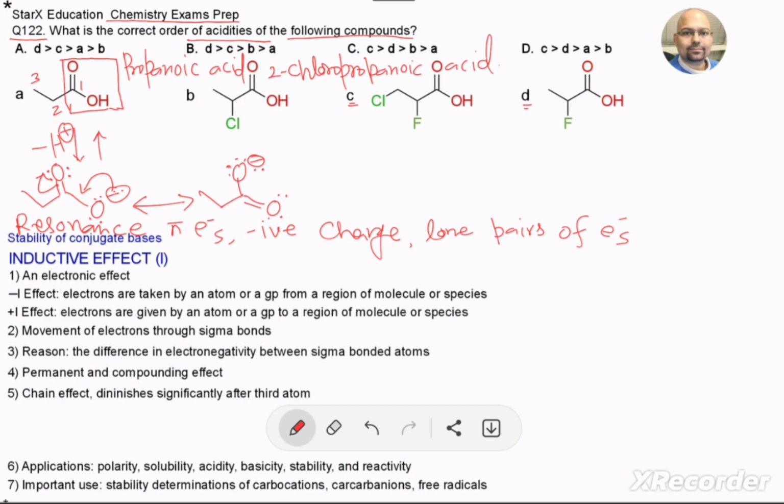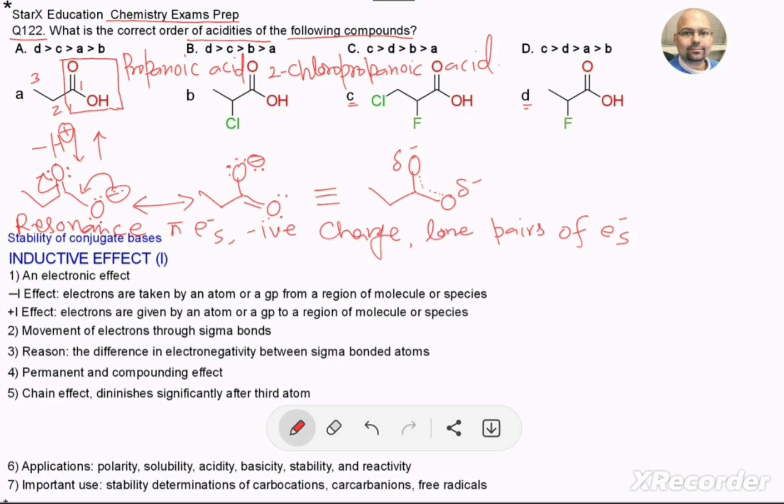So once we draw these two resonating structures, we can draw the resonance hybrid, where the oxygen gets a partial negative charge, and there is a partial double bond between these two oxygens.